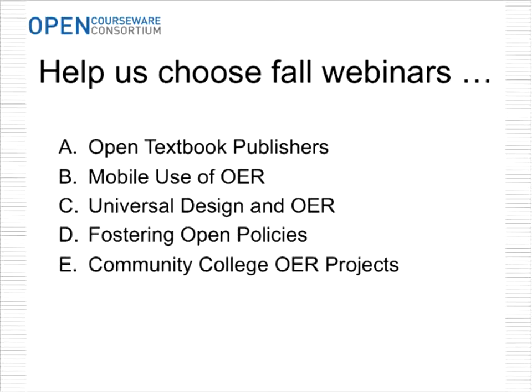And you'll see there are 5 choices here, and if you just would click directly under the participants list, the A, B, C, D, and E. Would you like to hear from open textbook publishers about what their newest offerings are? Would you like to hear about mobile use of open educational resources? Would you like to hear about universal design and open educational resources? Would you like to hear about fostering open policies? That's D.